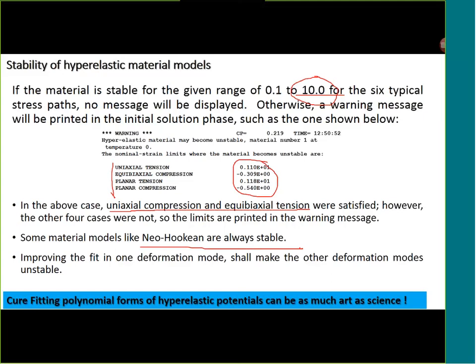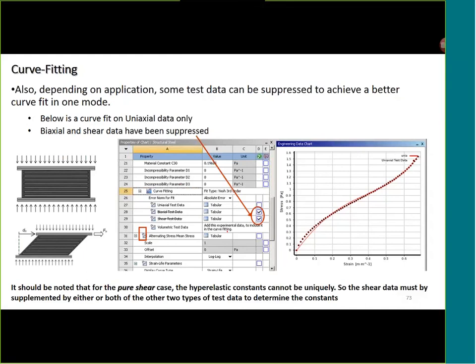There are some ways to improve the fit in one particular mode. Depending on which mode is predominant in your product, you may have to sacrifice fitting the curve in the other modes. Okay, say for this example, if you are designing a bridge bearing, if it is purely undergoing compression, you may choose to discard the biaxial and the shear tests, because the product in service is not actually undergoing shear and biaxial, so you can try to achieve a good fit using only the tensile test data.